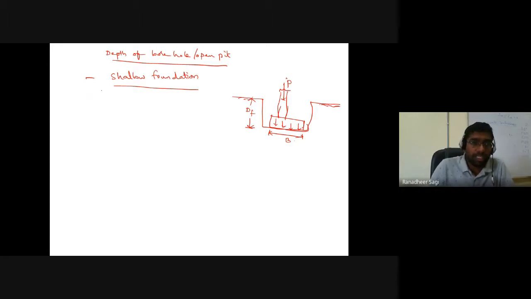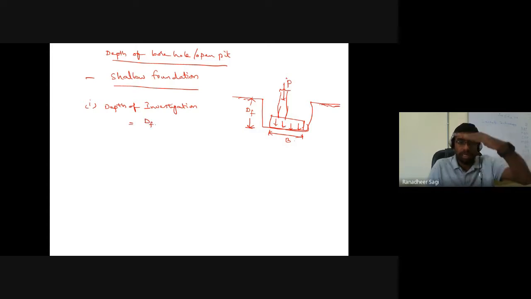Okay, so the depth till which you should extend your geotechnical investigation is nothing but the so-called depth of investigation. Whatever I am going to be carrying out should be equal to, obviously, from the ground, the depth of the footing.